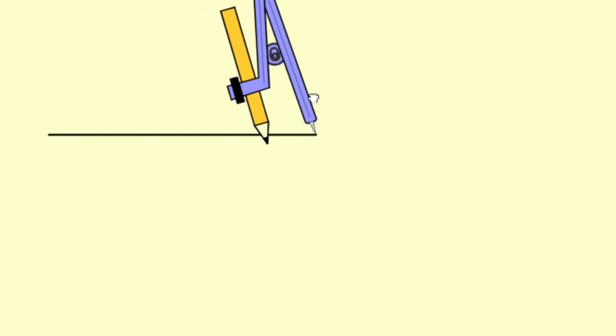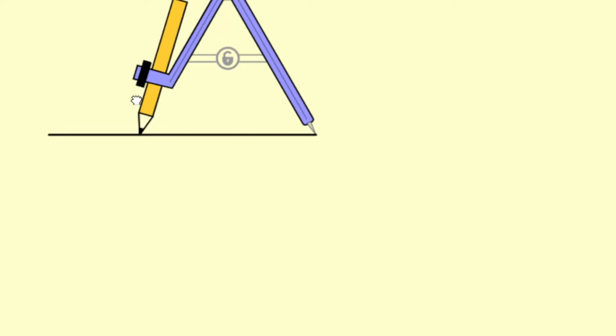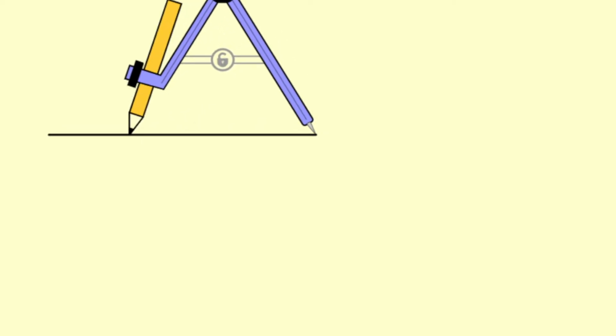At one end point of the line segment, keep your compass and adjust it. Open the compass more than half of this line segment. So you can see I have opened the compass more than half of this line segment, and I have adjusted it.